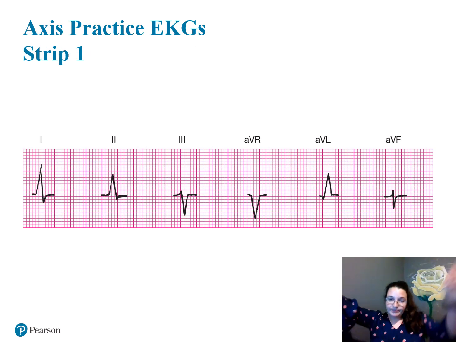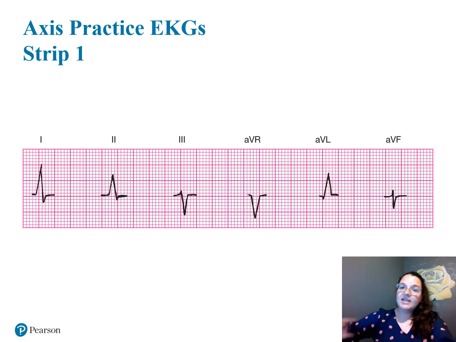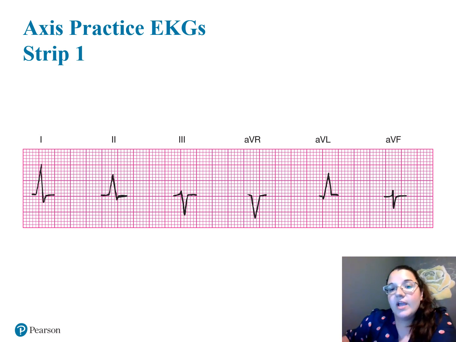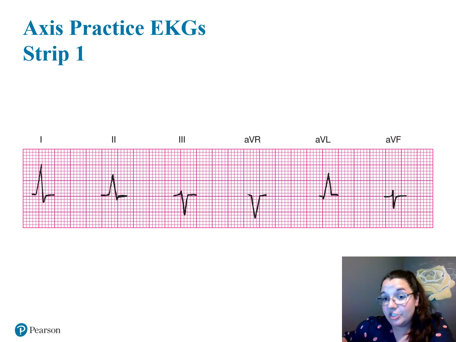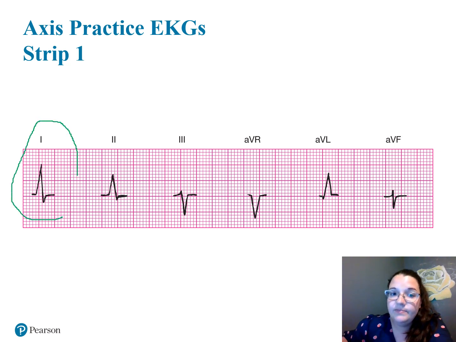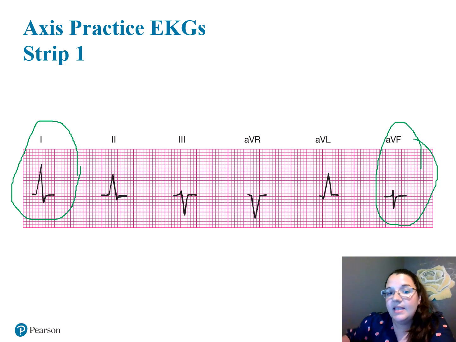The first one, I want you to pay attention to how they list these. What comes first? 1, 2, 3, AVR, AVL, AVF. Okay, what leads do we need to look at to determine the axis? Lead 1 and AVF. My QRS deflection, the morphology, the shape of my QRS.